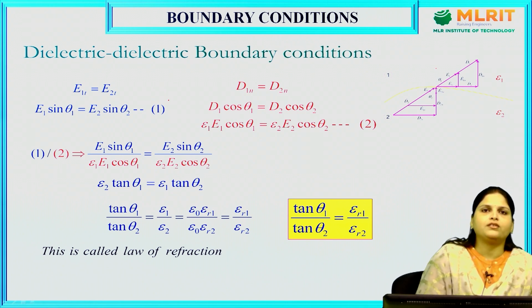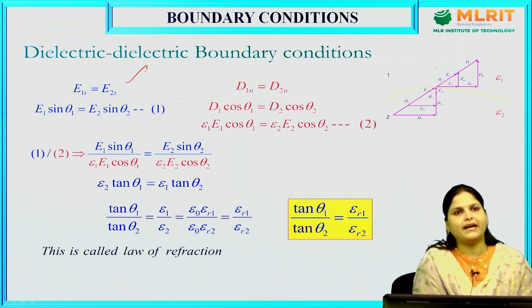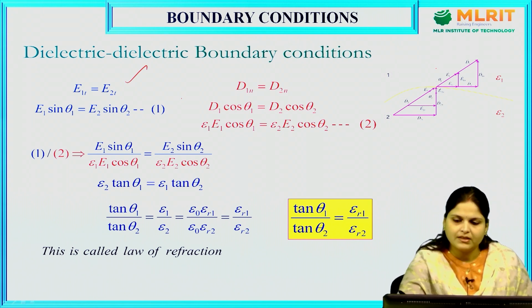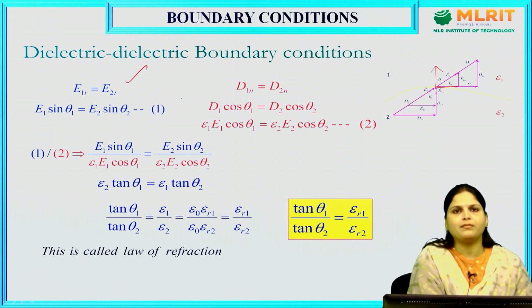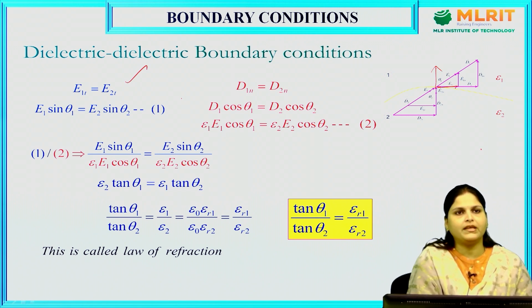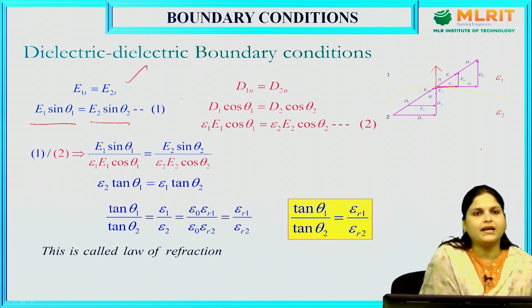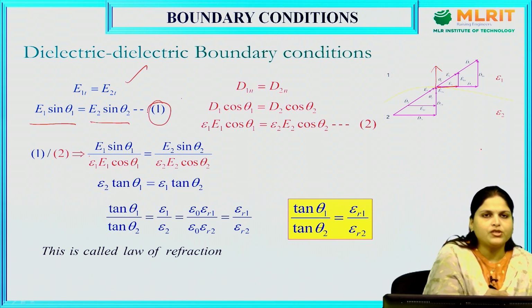Here we already have two conditions, E1t is equal to E2t. Now we will write this in terms of sine and cos. If you notice in this diagram, this is E1t and with the normal it is making some angle theta 1. So obviously this E1t, if we want to write it in terms of E, becomes E1 sin theta 1, and E2t becomes E2 sin theta 2. Let us give this equation number 1.